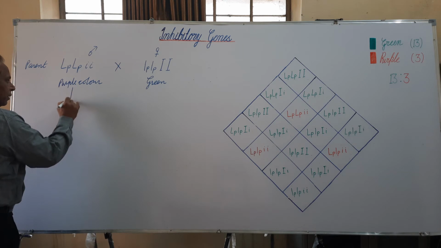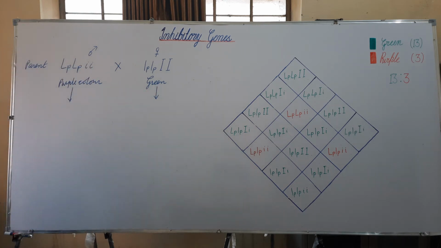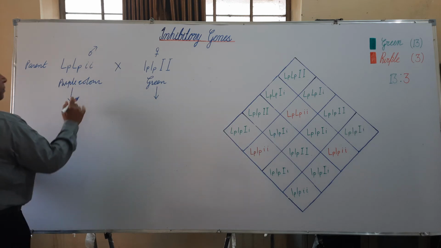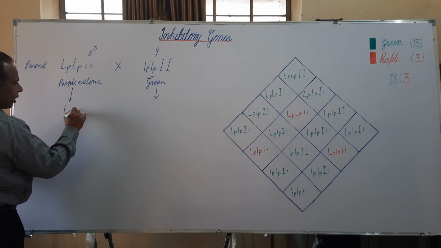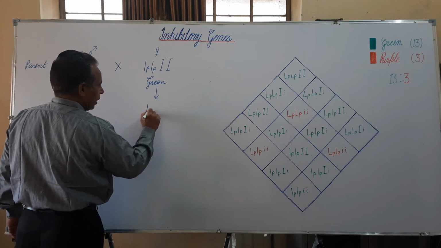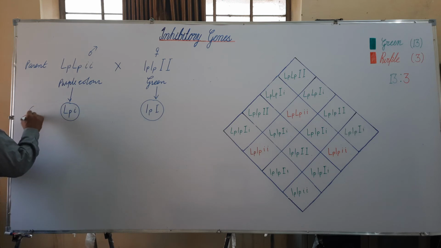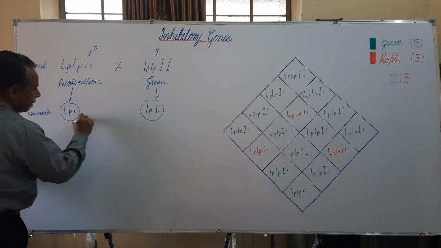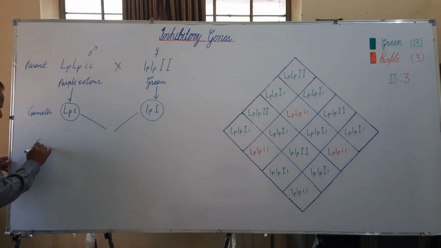We know the homozygous plant always produce one type of the gamete. So from the purple color they produce one type of the gamete containing the genotype capital LP small I and green small LP capital I. These are the gametes produced from the parents. When these gametes are fused together, they produce the F1 generation.